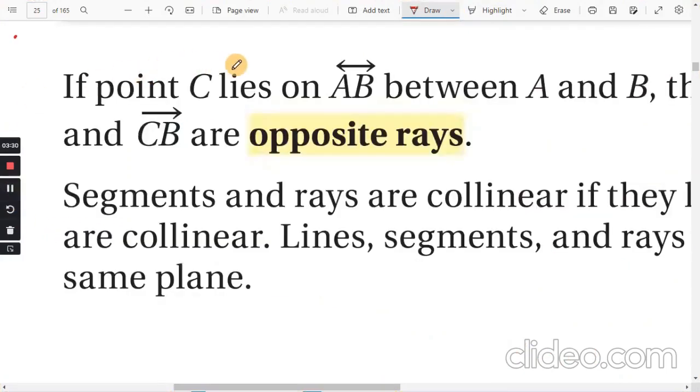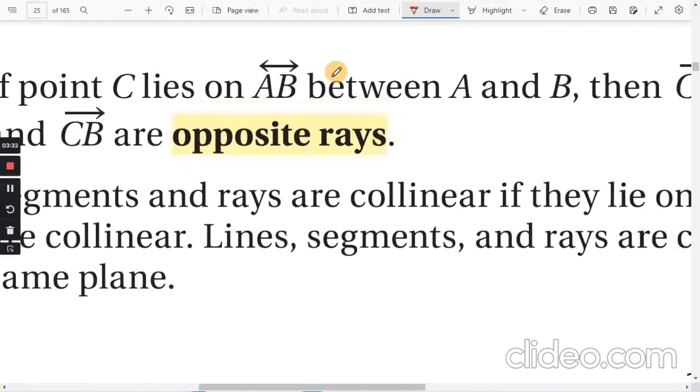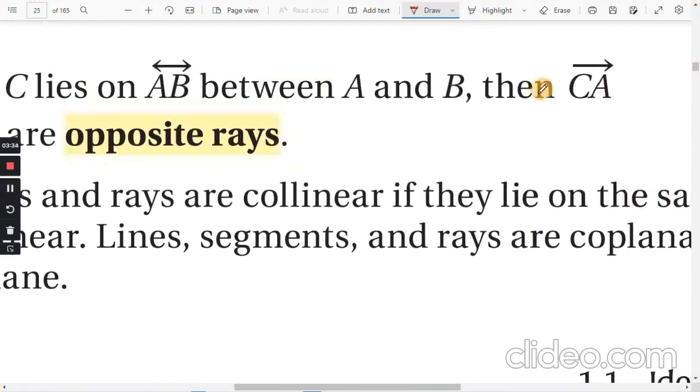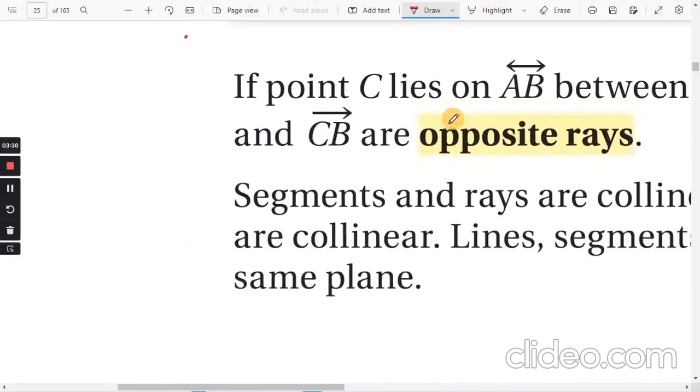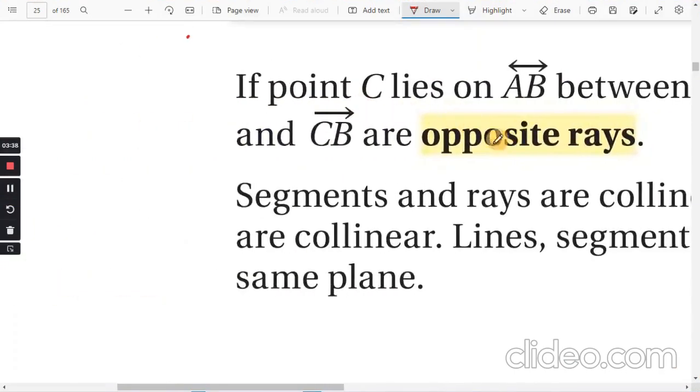It says if point C lies on line AB between A and C, then CA and CB are opposite rays. Let's take a look.